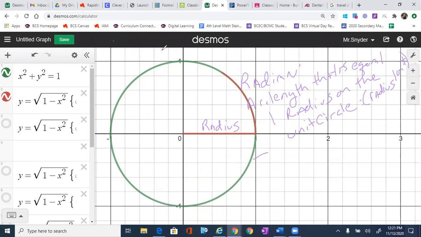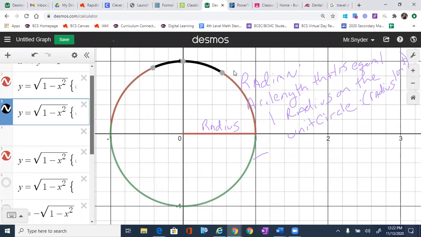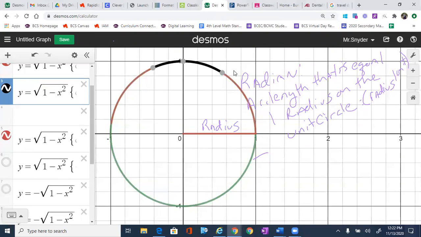Well, we can go ahead and add that on. There's a second radian right there, so we have 2 radians. We have 3 radians. If we keep going around, each one of these is equal to 1 radius.